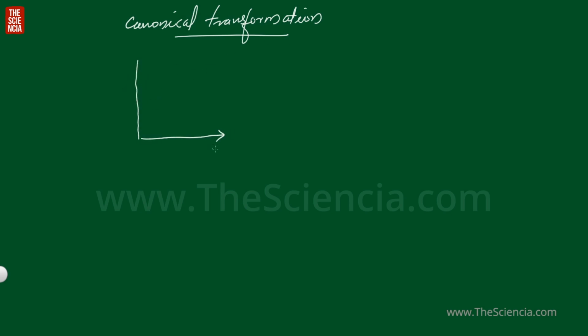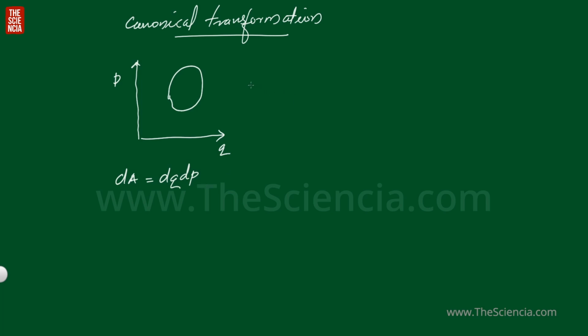Now we can discuss canonical transformation. Suppose I am considering very generalized coordinates, that is q and p. So the area element in this coordinate system is dA equal to dq dp.